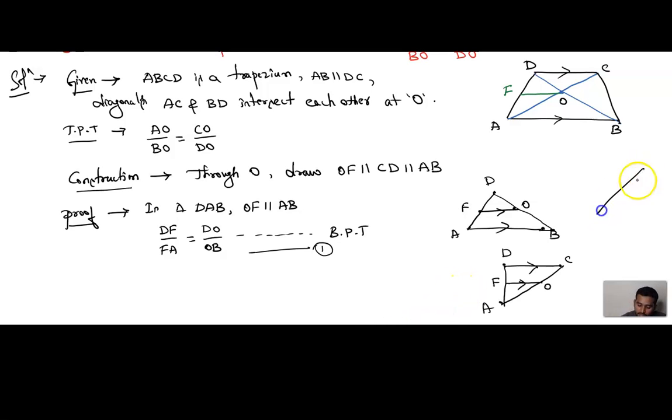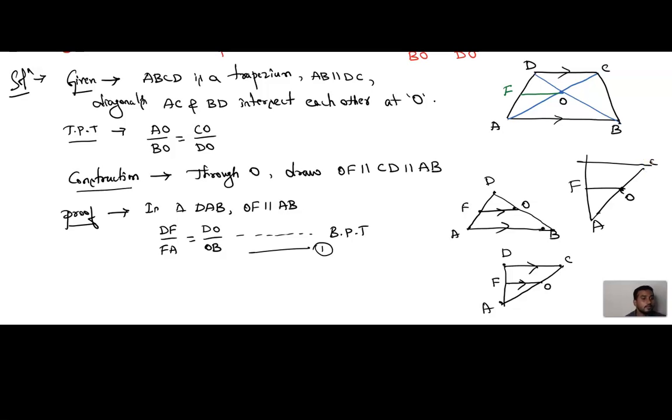DCA. CA is a line. O is the midpoint of CA. If O is the midpoint, one line is going parallel, that is F. Now make the triangle for that.